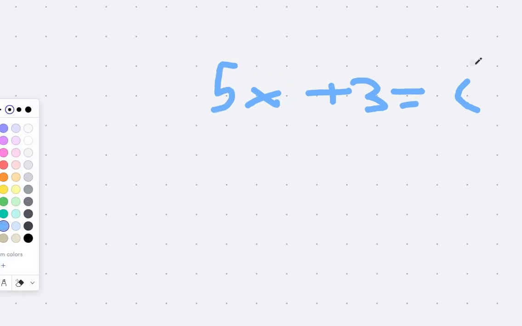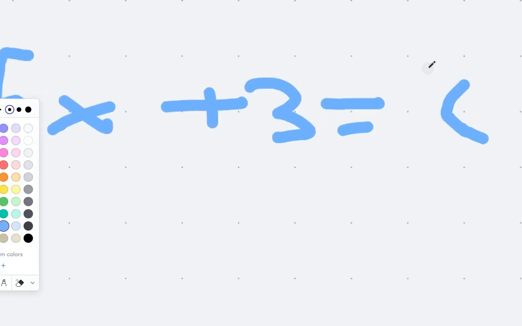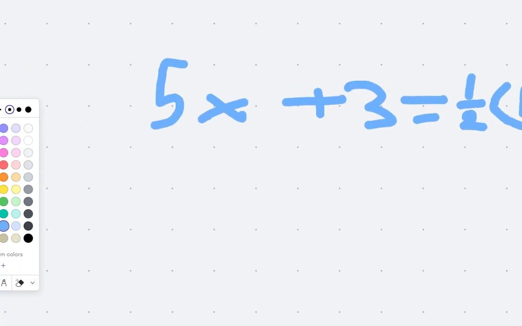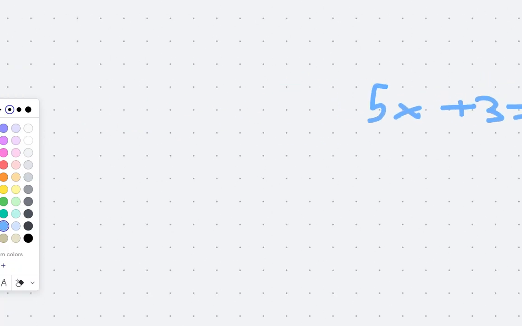We can zoom in a little bit and we could say 1 by 2 times 10x plus 6.